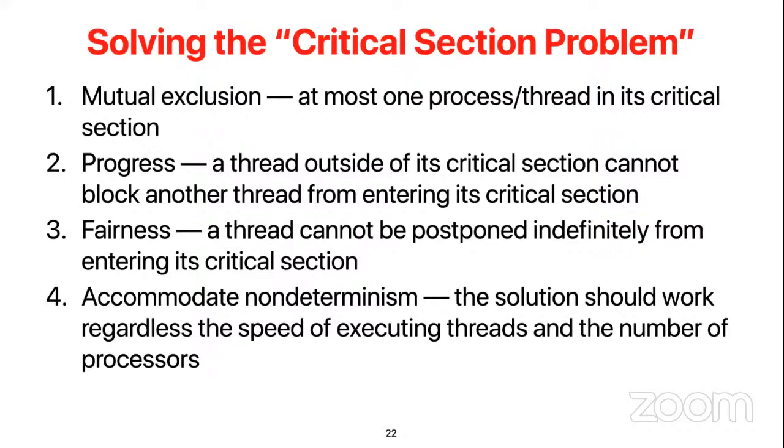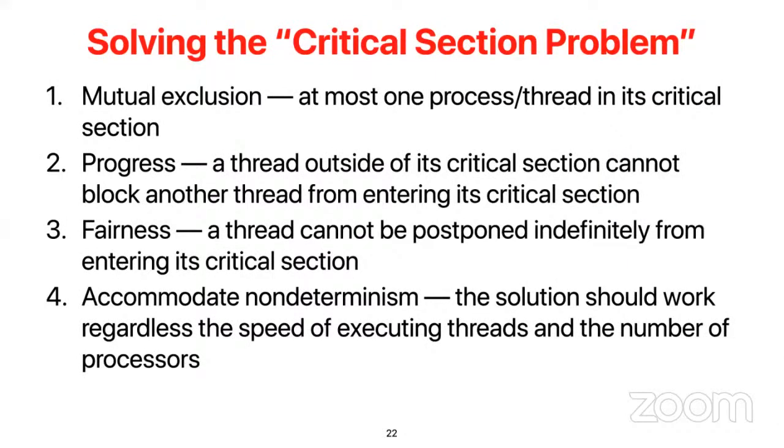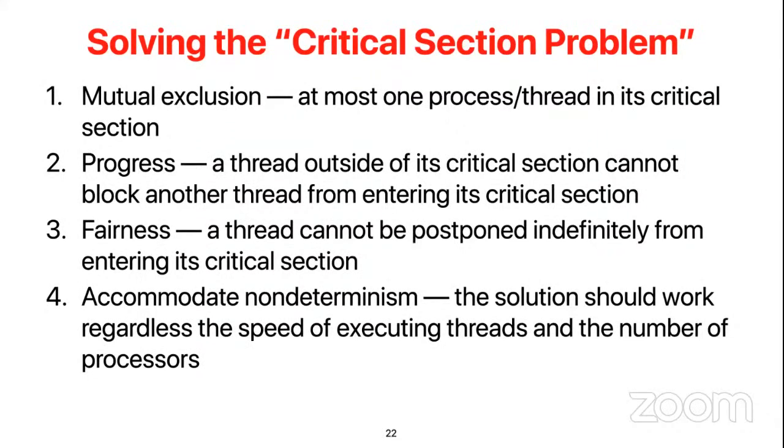One of the main things about parallel programming is that we want parallelism. So if you have a thread that can never make progress, like it can never enter the critical section for some reason, then that's not a good critical section solution.